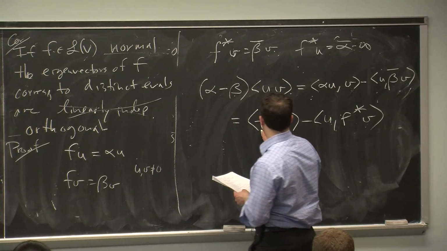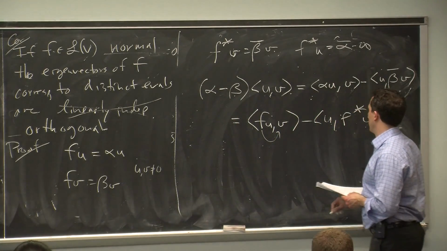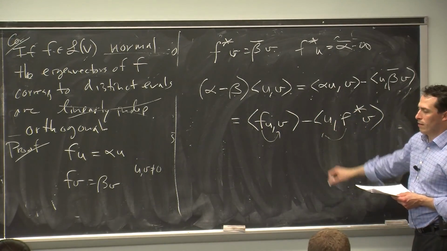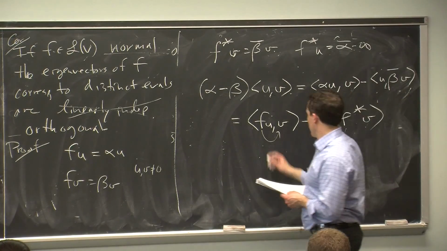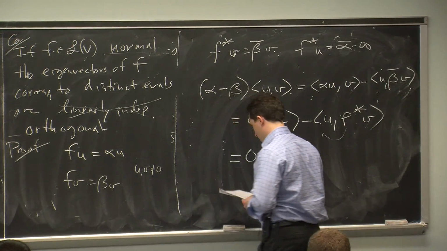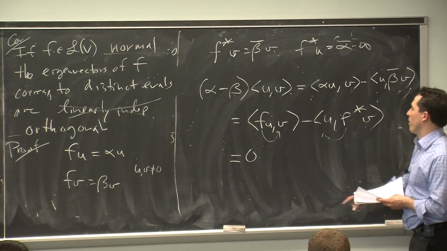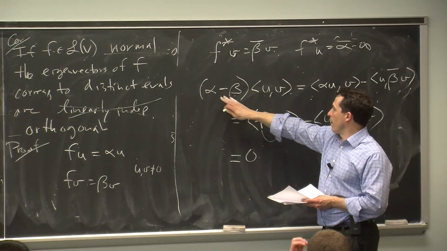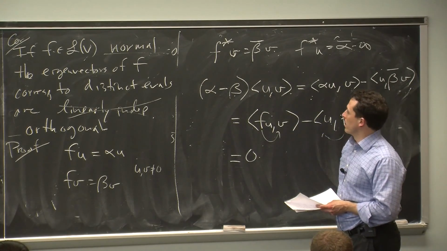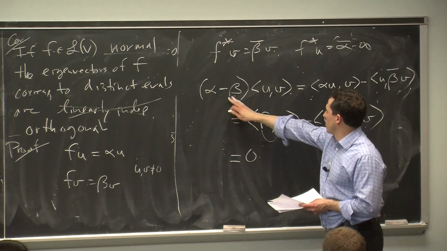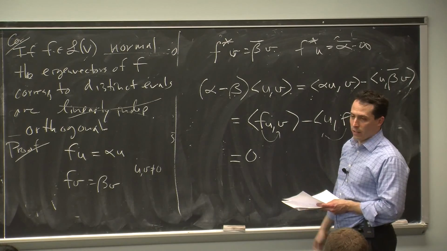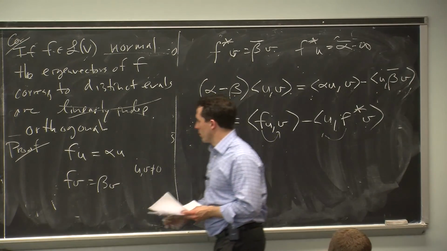But I can take this f and move it over here, or alternately take this one and move it over here, taking the adjoint. So this difference is equal to 0 always because of the adjunction. And so therefore either the eigenvalues are equal or the eigenvectors are orthogonal. If the eigenvalues are not equal, then the eigenvectors must be orthogonal, because the whole thing has to be 0.